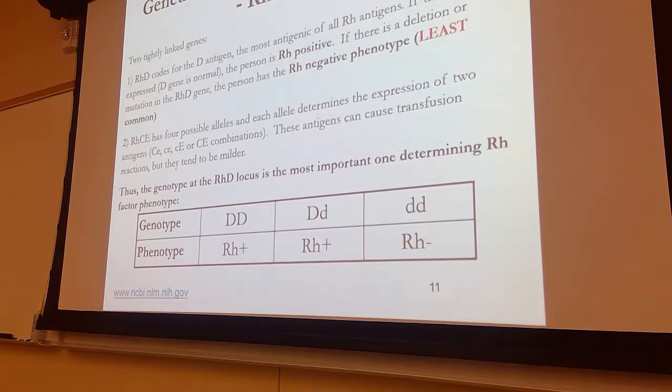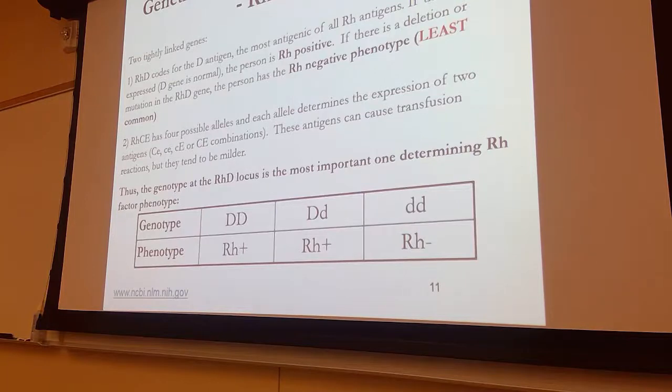Now, you heard me talk about Rh factor. Rh factor is also called Rho-D, R-H-O-D. Sometimes people refer to it as just factor D. So be ready for all of these ways of describing the Rh factor.